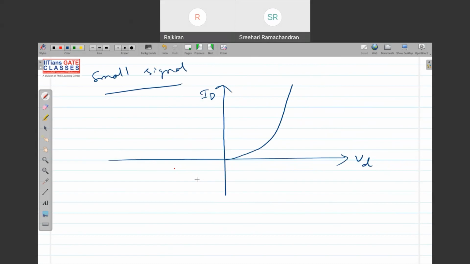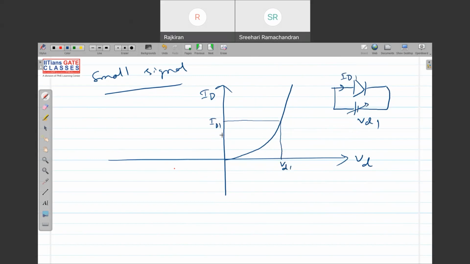There is a diode, you apply a potential VD, and if you go on increasing VD and measure the current ID, it will follow this exponential curve. Suppose for some particular VD1, the current is ID1.